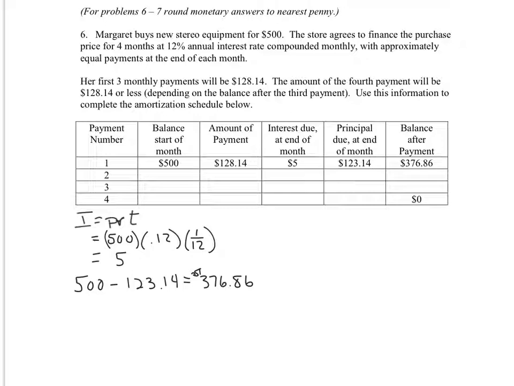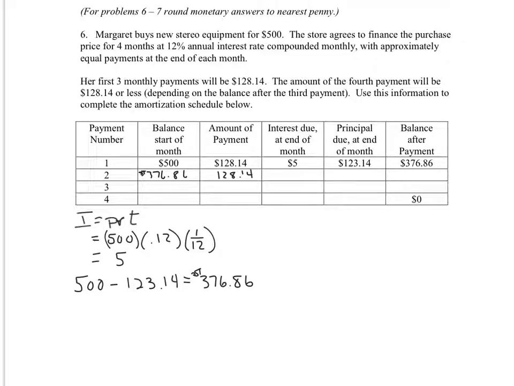All right, so we're going to fill in 376.86 for her balance at the start of the month. Do we know the amount of the payment? Yes, we do. She's going to pay $128.14. Now, I need to calculate how much of that payment is going toward interest.